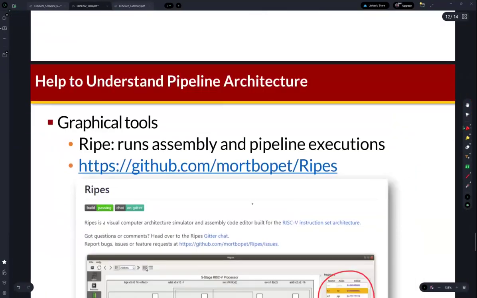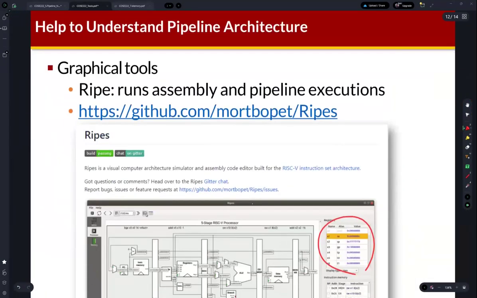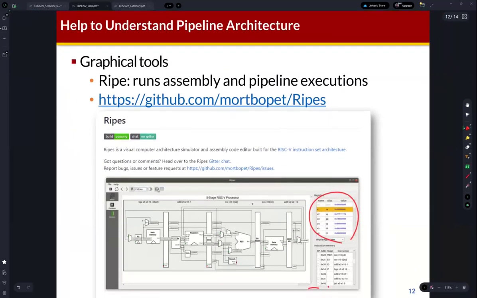But the problem is sometimes the simulator has bugs, right? This is open source software, so it's not supported by commercial companies, right? These tools are developed by the academic communities or personally.